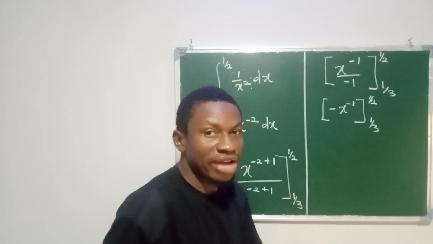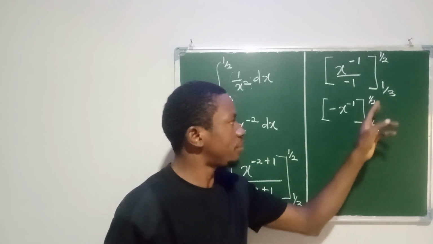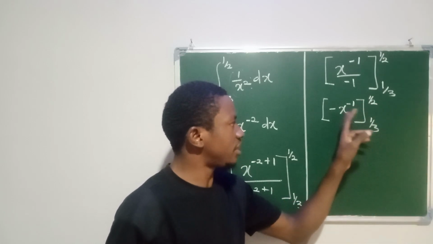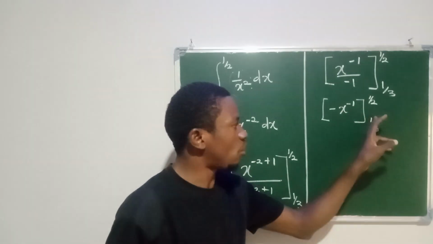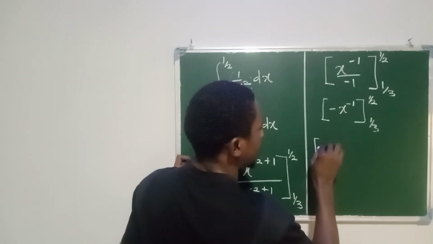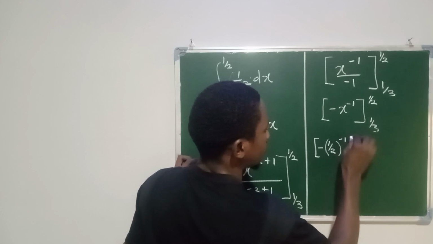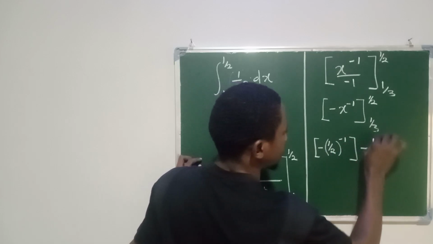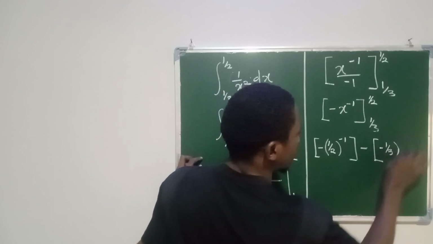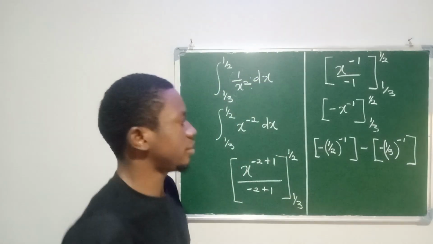The next thing we have to do now is to input these values, the values of x, that is the limits here. We input the upper value 3, minus the value at 2. So we have minus 1 over 3 minus, minus 1 over 2.